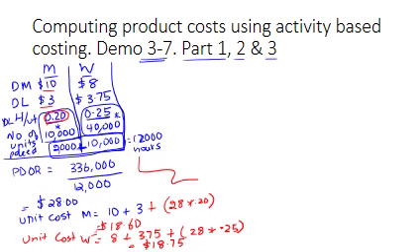Let's now look at what's going on if we use the ABC costing system. Under the ABC costing system, the company tells us that they are going to have two pools. The first pool is labor related cost, and the labor related cost pool across both M and W is going to be 168,000.